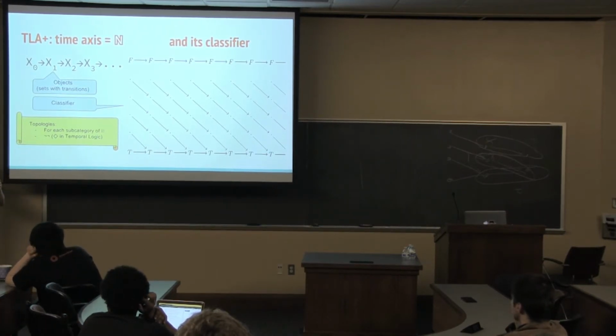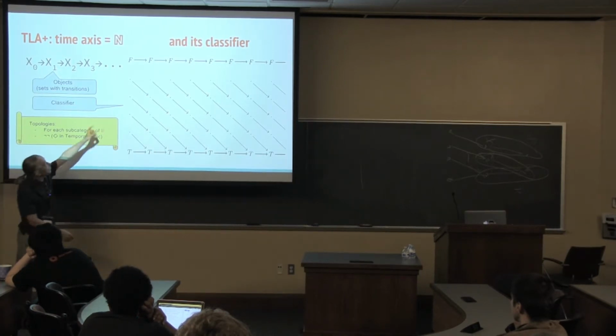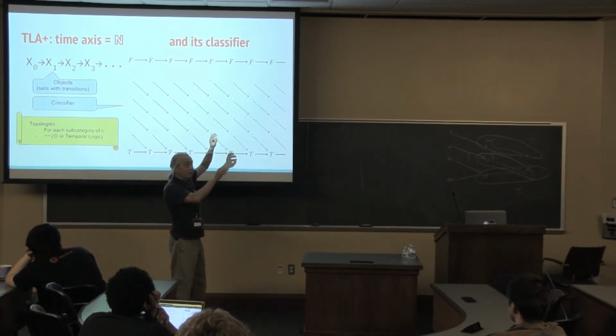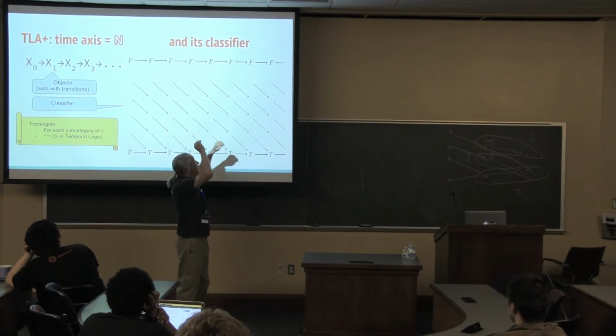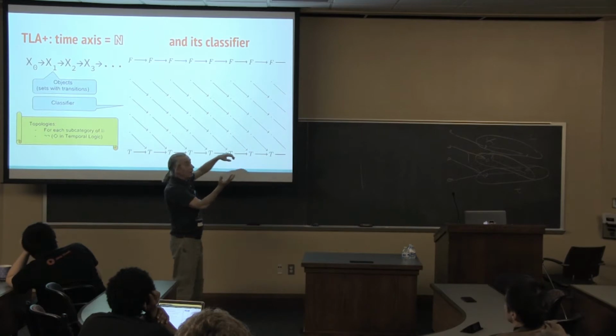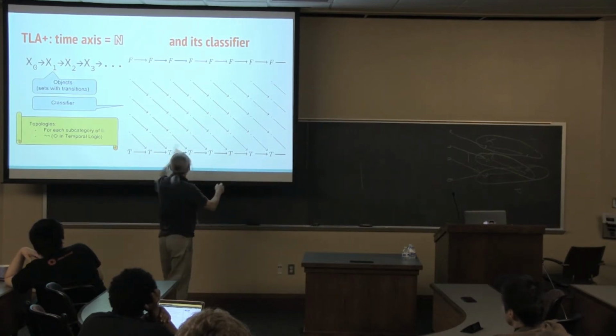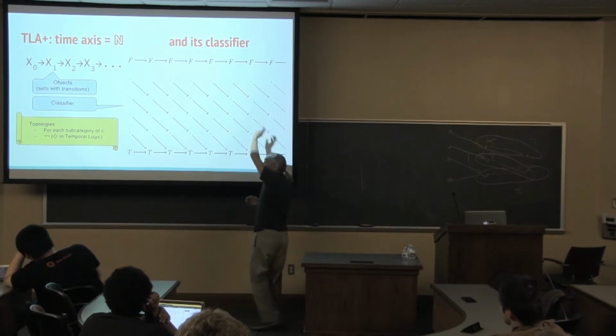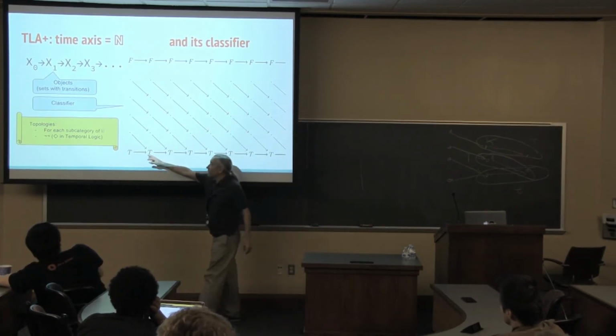What would be a logic? What would be a subobject classifier there? We have false, something that never happens. If a predicate is never true at any moment in time, it will map to the identical false, right?